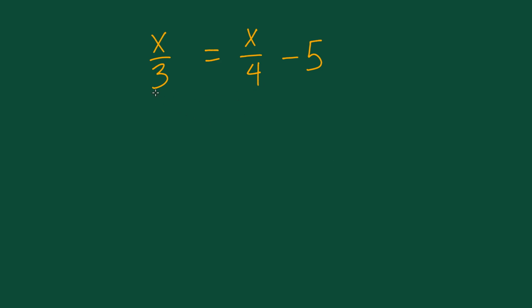Well, if we look at this 3 in the denominator and this 4 in the denominator, we need an LCD, don't we? What is the least common denominator between 3 and 4? Well, that would be 12, right? So let's multiply both sides of this equation by 12.